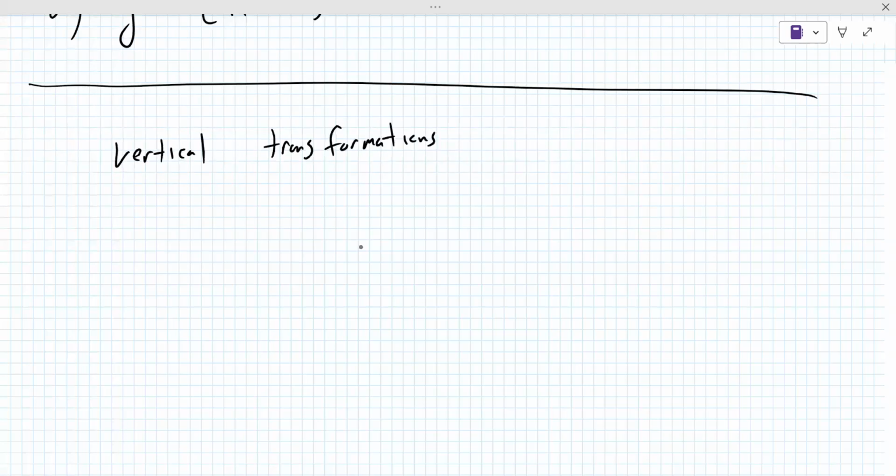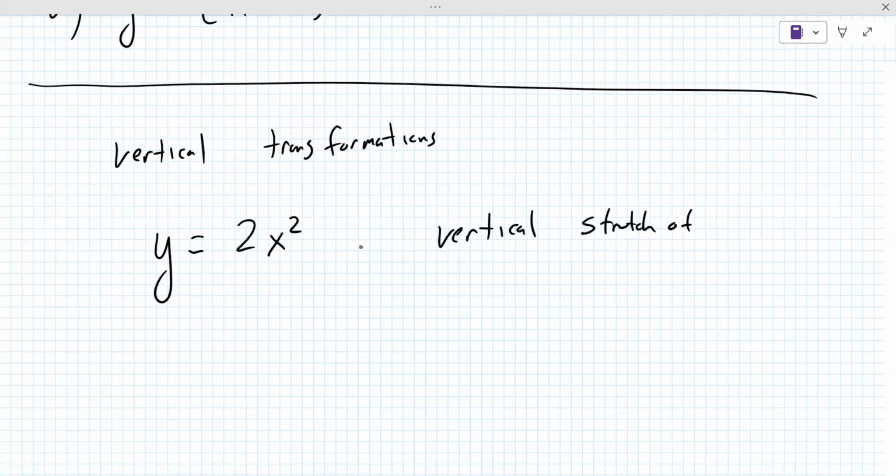Okay, let's talk about vertical transformations. This seems to be a really popular one for your instructor. So I'll give you one here. Y equals 2x squared. This is a vertical stretch of 2.